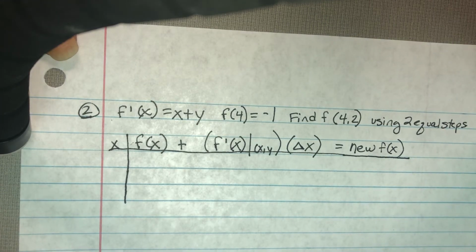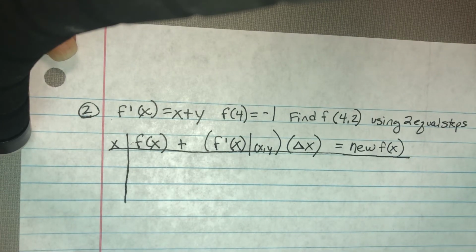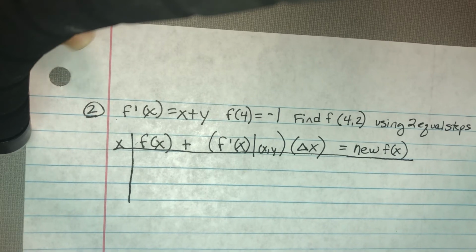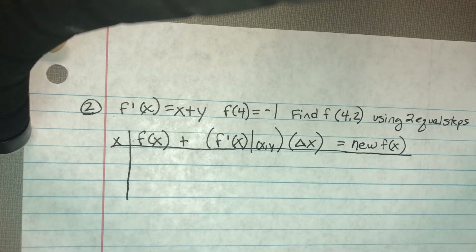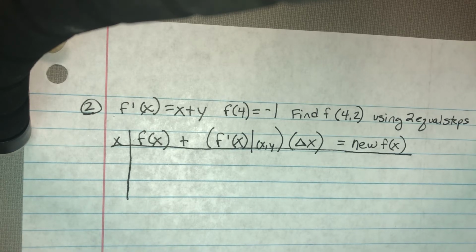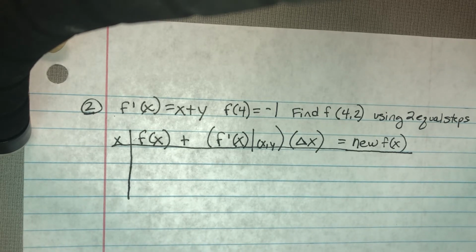So it really doesn't matter whether you use function notation or y values as the top of your heading, as long as whoever's grading it, me or the AP graders, can interpret what you are putting in each place. So you need headings that are decipherable by your reader, whoever's grading your work.